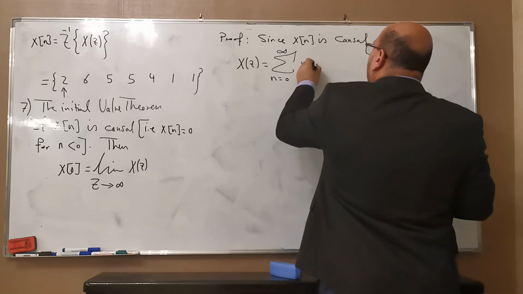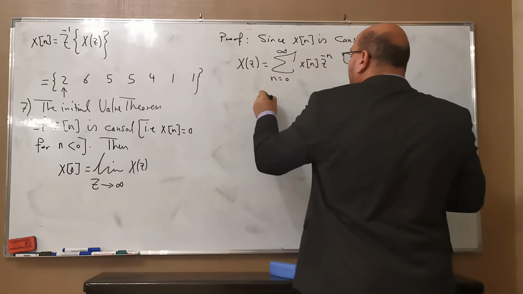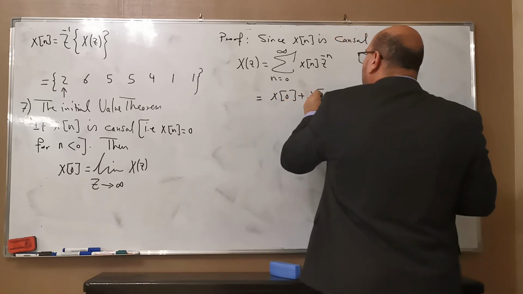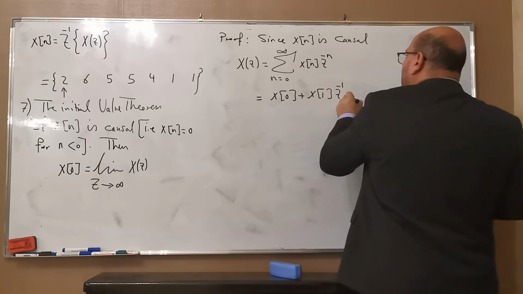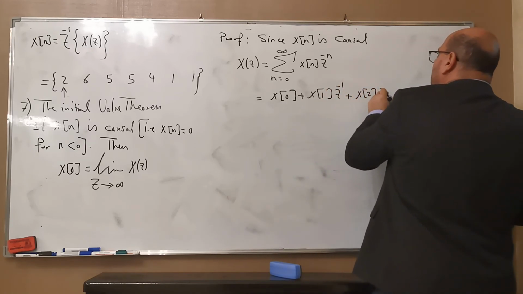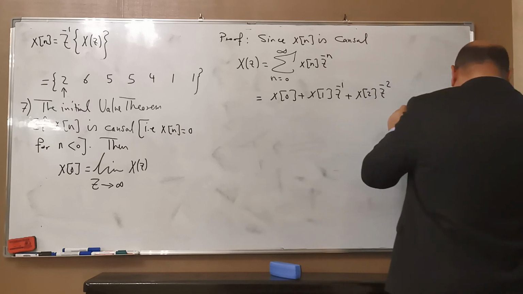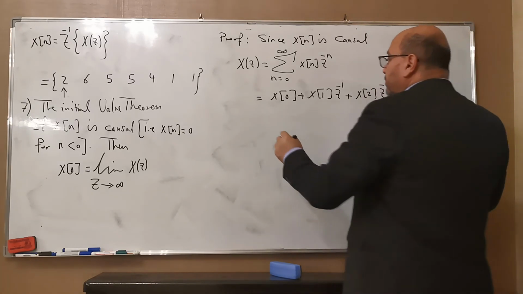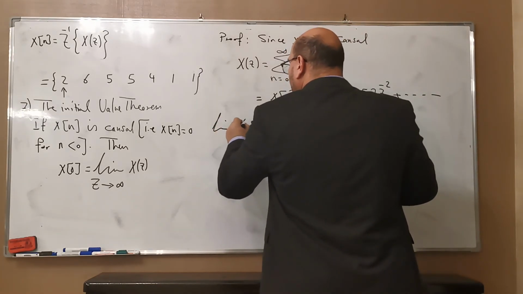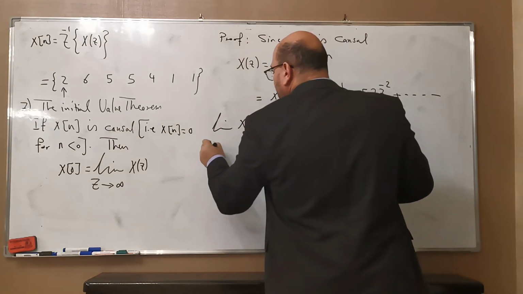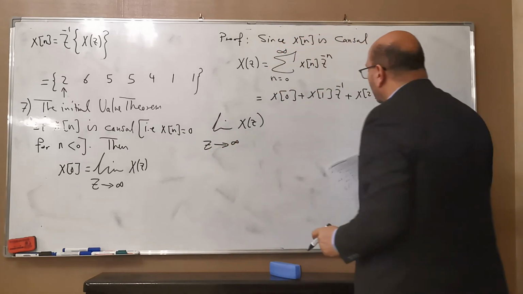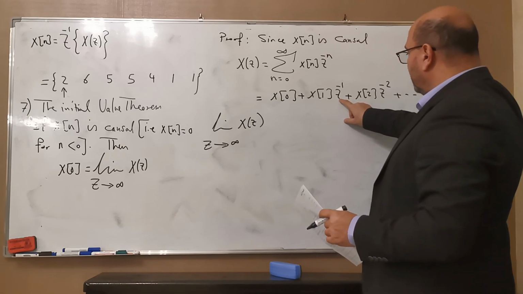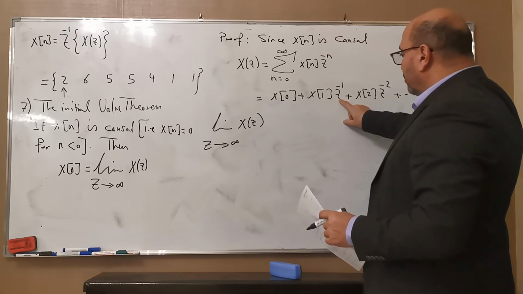So we have x of n z to the minus n, and this equals x of 0 plus x of 1 z inverse, x of 2 z to the minus 2, and it goes to infinity. Now if we take the limit of x of z as z goes to infinity, all those are negative powers of z, so at infinity they all go to 0.